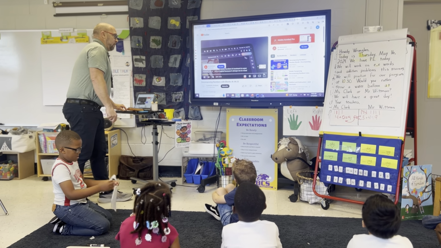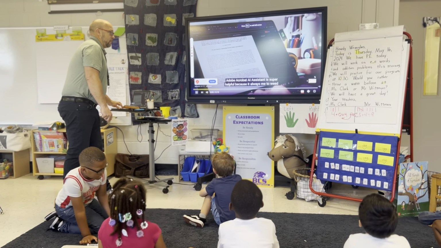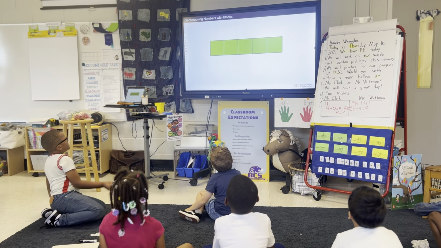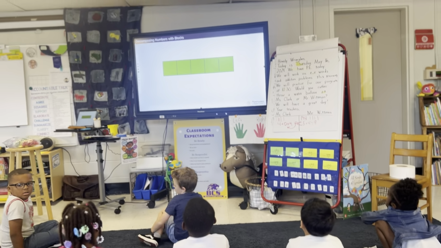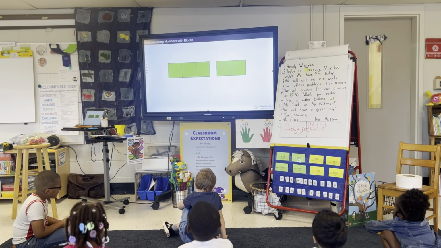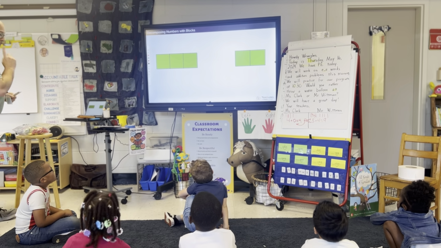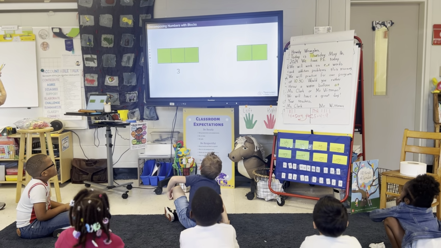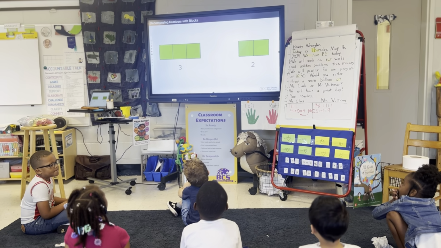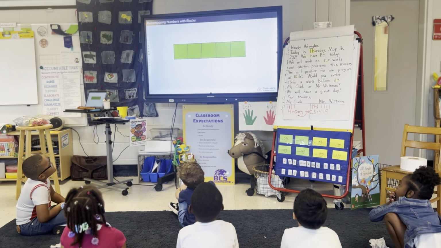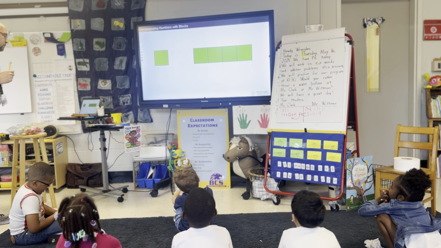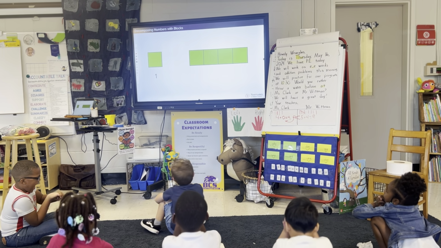Let's break apart numbers with blocks. This train of blocks has 5. Break it apart. This piece has 3 blocks. How many blocks does the other piece have? 2 blocks. 3 and 2 make 5. Break 5 apart in a different way. This piece has 1 block.